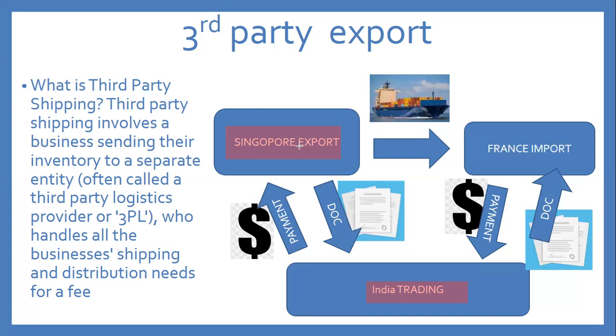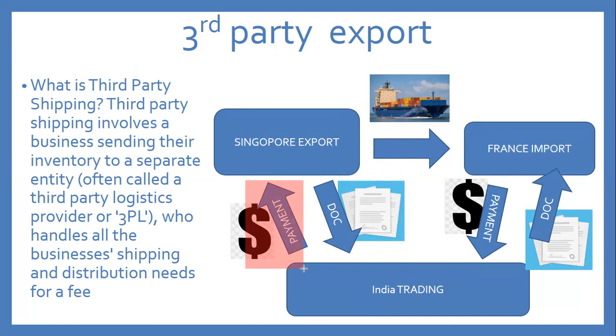So Singapore dispatches the goods to France and shares the documents with India for payment. Now we have to check and verify the documents, and as per terms we may have to make the payment to Singapore.